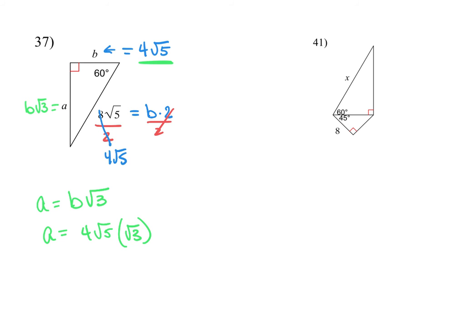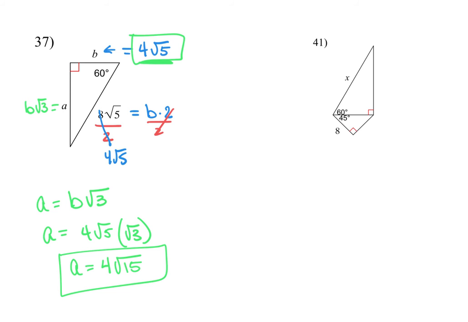When you're multiplying radicals, you can multiply the outsides and you can multiply the insides. 4, there's nothing for it to multiply by, it stays there. I have a 5 and a 3 on the inside. I multiply them, square root of 15. That is my longer side. This is my shorter side. I have solved both of those. So you must know those two special right triangles to be able to do these.